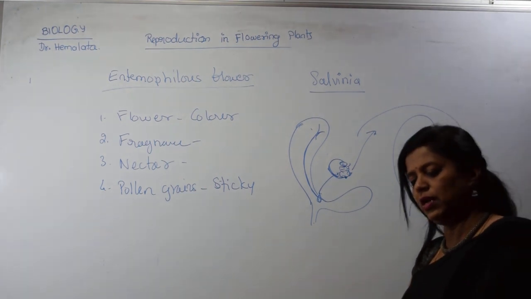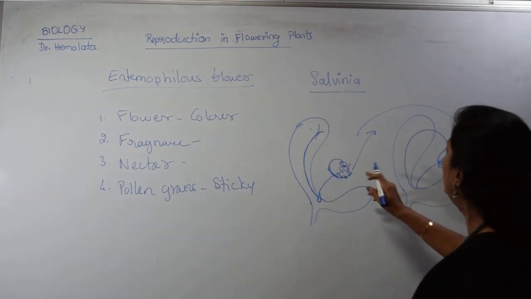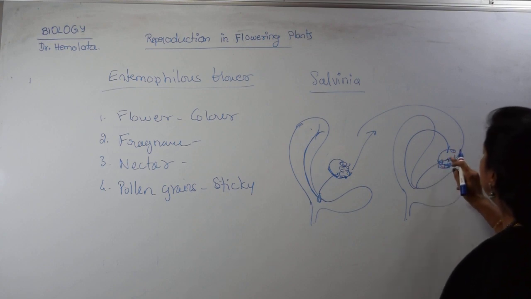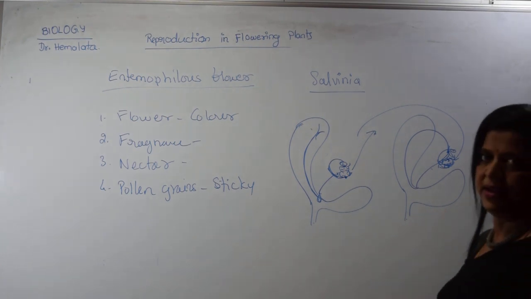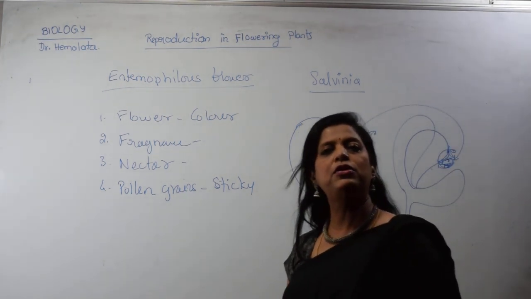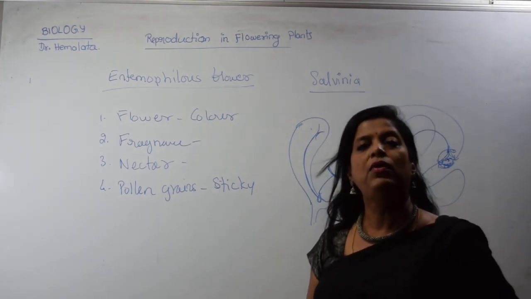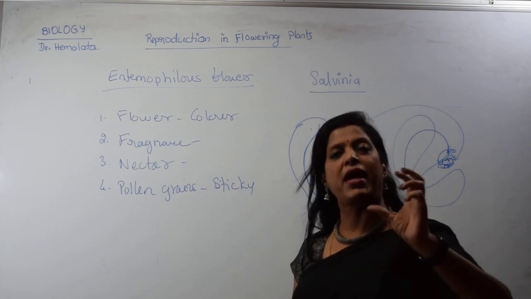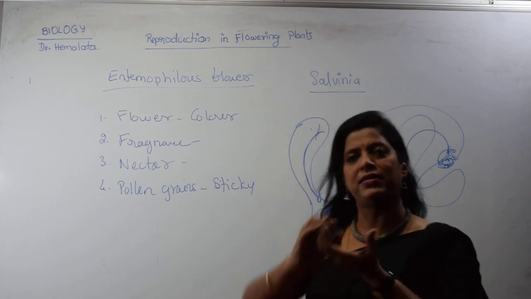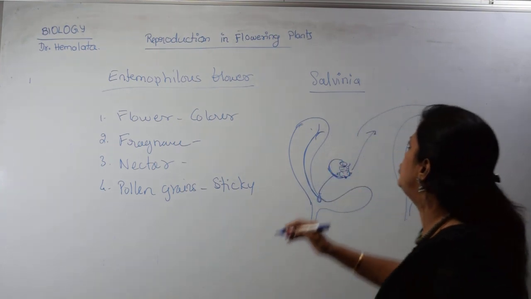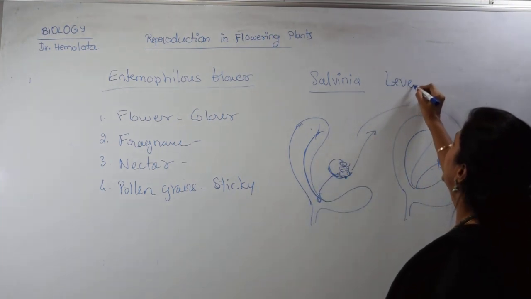Okay, like this. Then whenever it goes and visits the next flower, the stigma moves down and collects the pollen grains. This is called a simple machine mechanism, right? Like this it is moving. This is also called the lever mechanism.